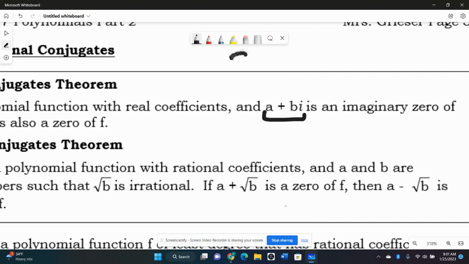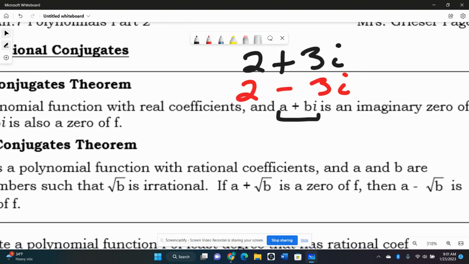So that's saying if we find, like using our quadratic formula, that 2 plus 3i is a zero, then the other zero that we have is the exact same thing, 2 and 3i, but now there's a minus sign between them. So if you remember this term, this is called the conjugate. We had to use them when we were dividing our imaginary numbers.